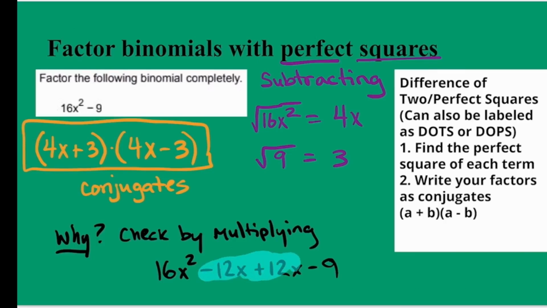These middle terms are going to cancel. Negative 12 plus 12 is 0. So what you end up with is two perfect squares that are being subtracted. So that's why our answer is written like that.